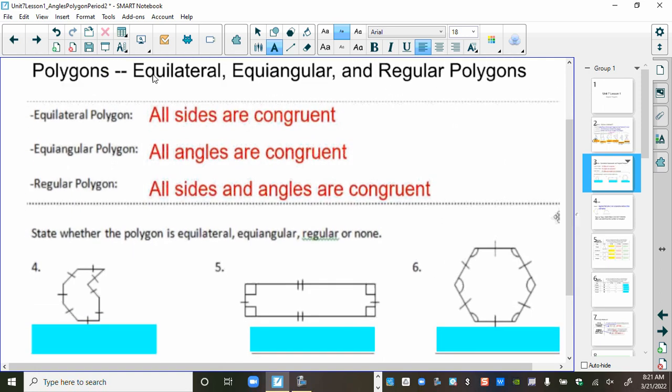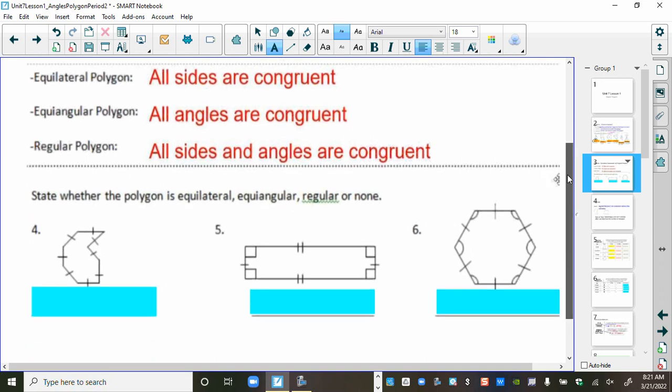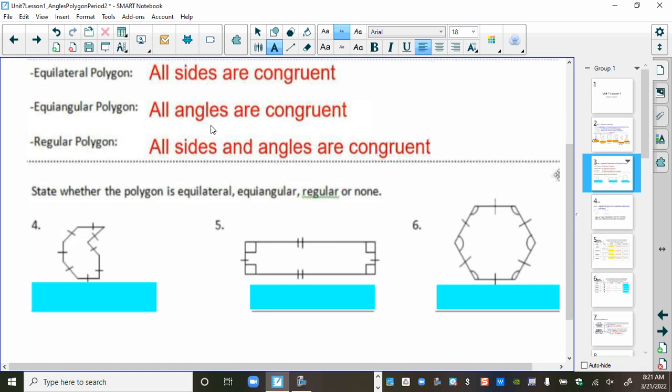Well, there's three types of polygons. Equilateral, the sides are congruent. Equiangular, angles are congruent. And then a regular polygon, sides and angles are congruent. So we have three types of polygons. All right, this first one. Notice how all the sides have that little dash mark. So who could tell us, what do we know about all those sides that have that little dash mark?